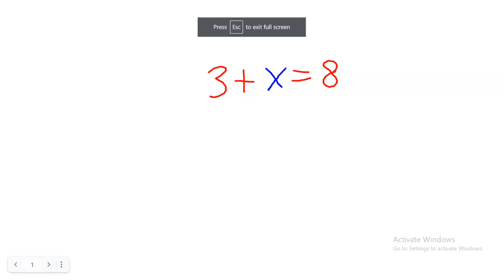So the way we do that is we perform, so this is called a single-step equation, okay? So in order to do that, we perform the inverse operation to one side to move numbers around. So I want to move this 3 over to here so that I have this x all by itself. Now remember, just like before, when I knew that the x was actually equal to 5, if I did something to the left side, I had to do it to the right.